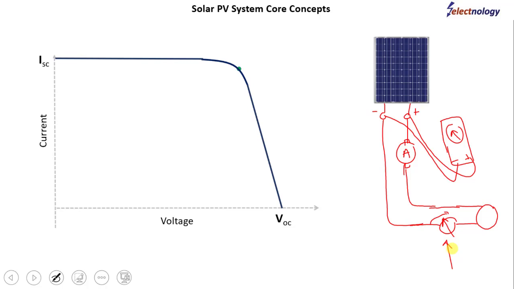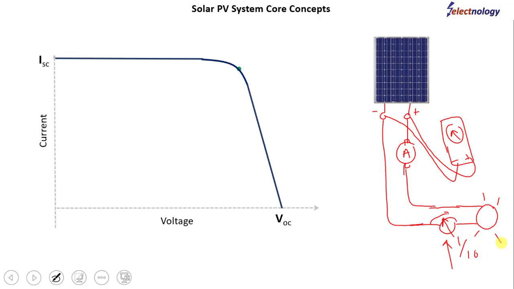Assume this knob has 10 steps. We first rotate it one step out of 10, and while doing this the bulb will start glowing, and at the same time we are recording the values of voltage and ampere.